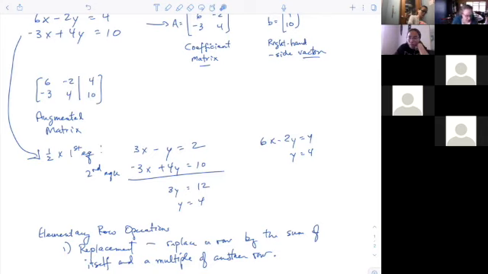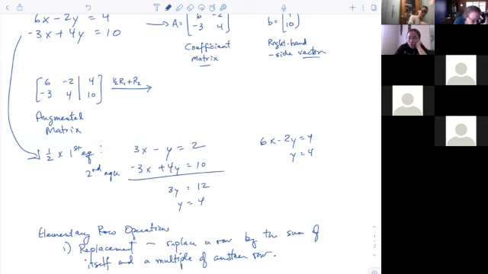So in terms of our matrix, if we did that with our matrix, I'll show you how I write that. I write that as 1/2 row 1 plus row 2.